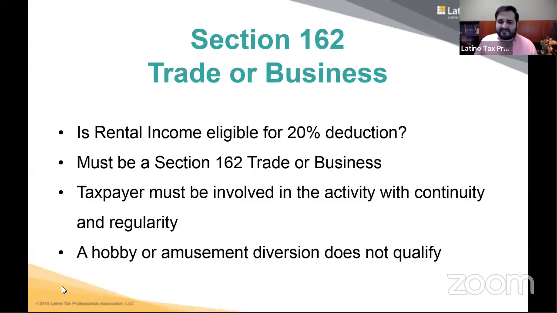A sporadic activity, a hobby, or an amusement diversion does not qualify. So again, to be considered a business, more specifically, they call it a Section 162 trade or business, the taxpayer must be involved in the activity continuously and on a regular basis.